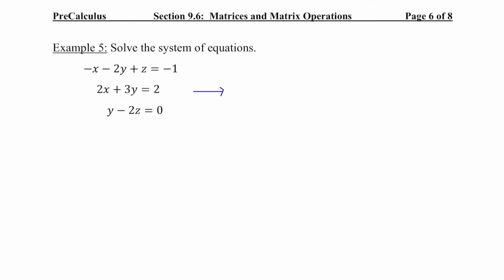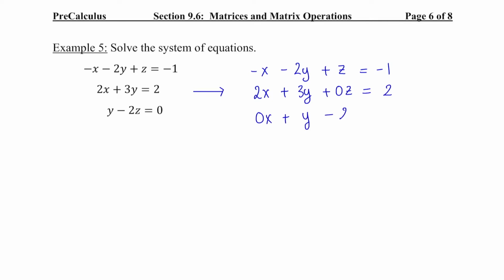For the first equation, I have negative x minus 2y plus z equals negative 1. For my second equation, I have 2x plus 3y. I don't have a z, so that is 0z equals 2. For the third equation, I don't have x. That means I have 0x plus y minus 2z equals 0.